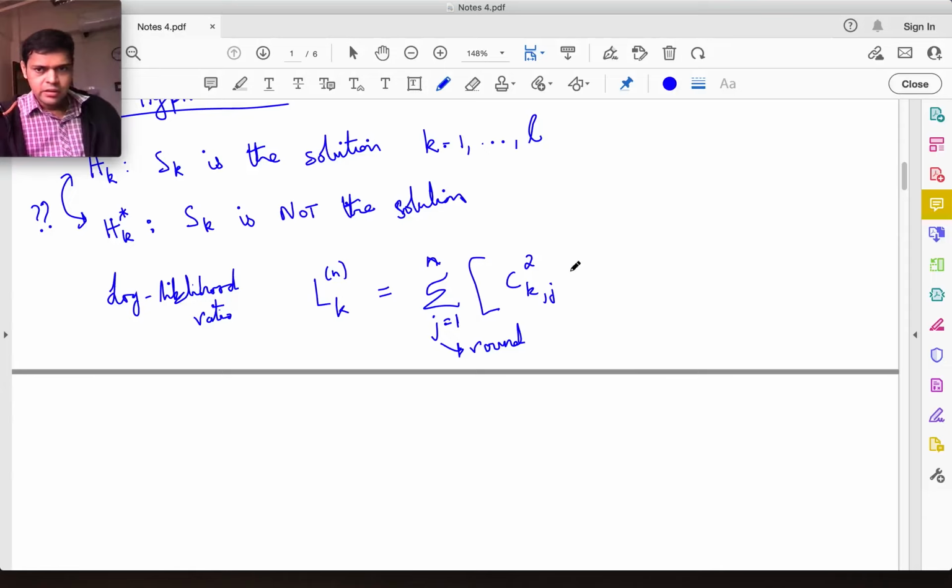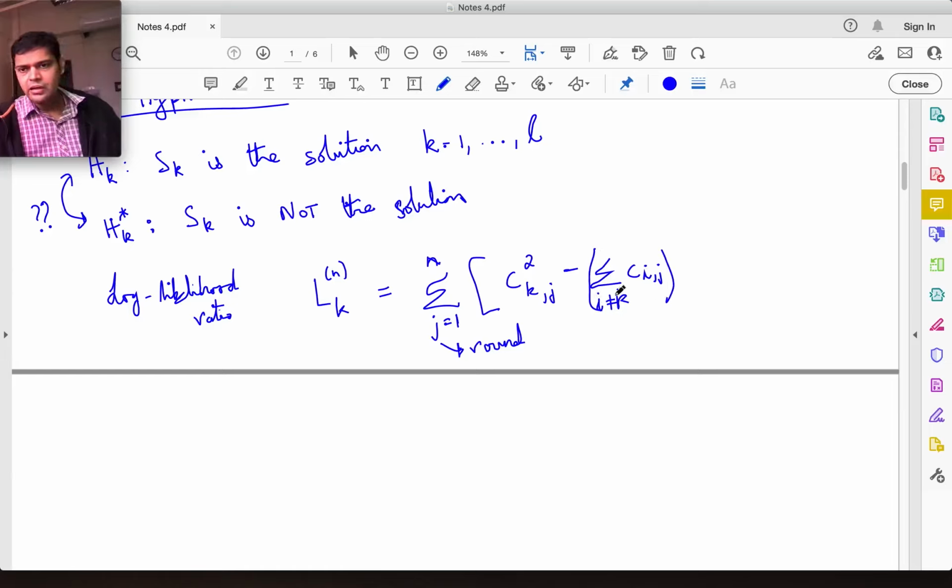Okay, and here what do we do? Previously we just had C1 and C2, so there was just one term over here. Now we are going to club all solutions other than this solution.